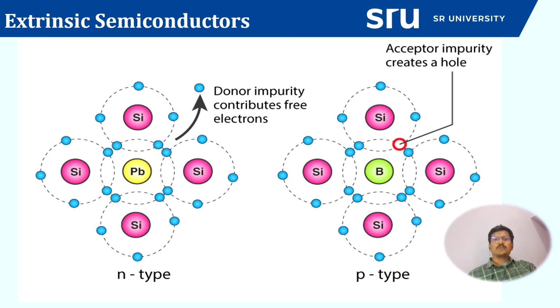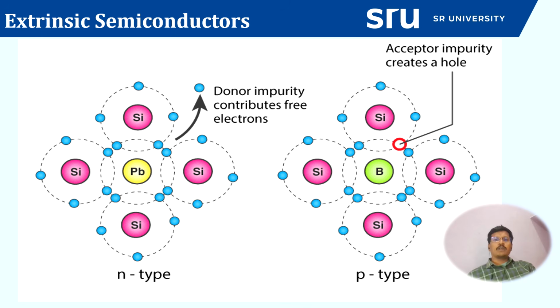To make semiconductors more useful in practical electronic devices, scientists developed a technique called doping. Doping is the process of introducing impurity elements into pure semiconductors.